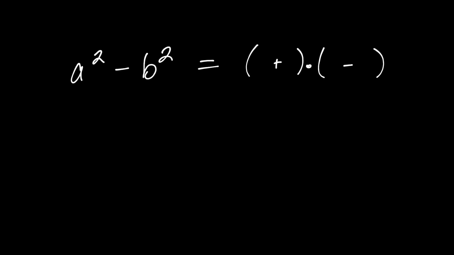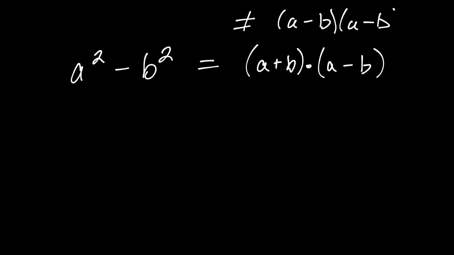And those two numbers are the square roots of these two numbers. So that would be a plus b times a minus b. So notice from the previous slide, this is not equal to a minus b times a minus b. So that's what accounts for this difference.